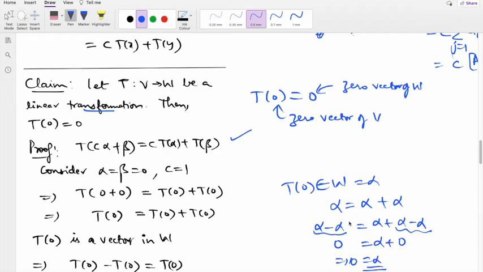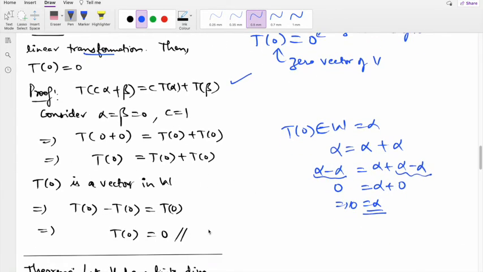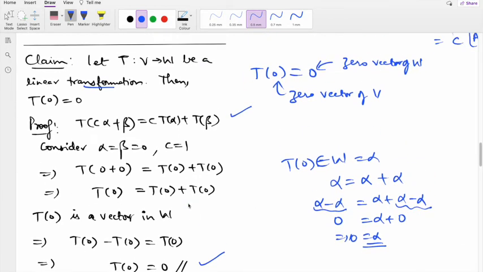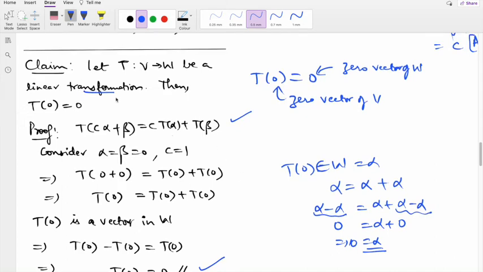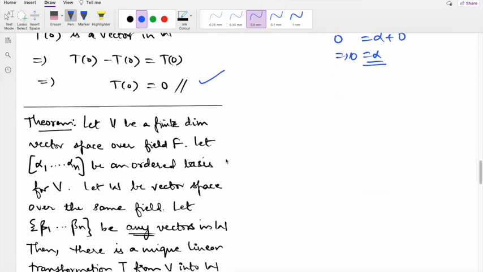So the only T of 0 which can satisfy this equation is that T of 0 is 0. So hence our claim is this: whenever you have a linear transformation, it takes the 0 vector from its domain to the 0 vector in its codomain, right? This is a good thing.